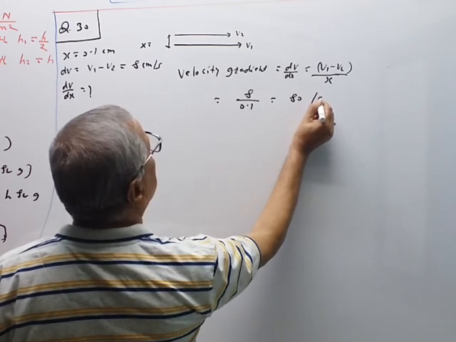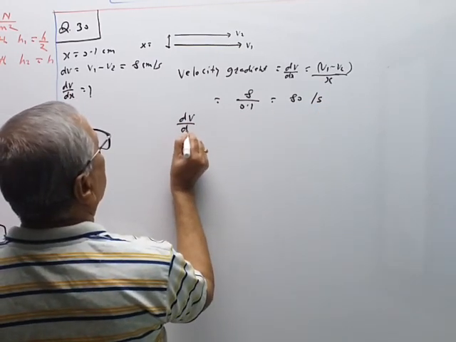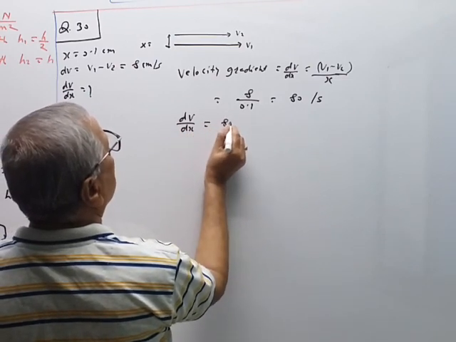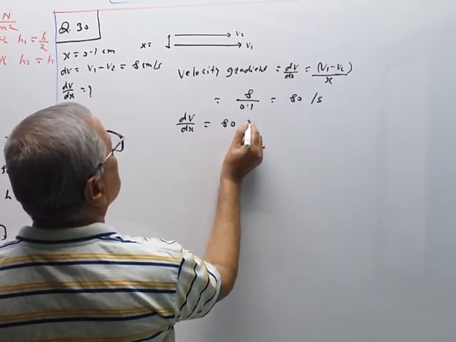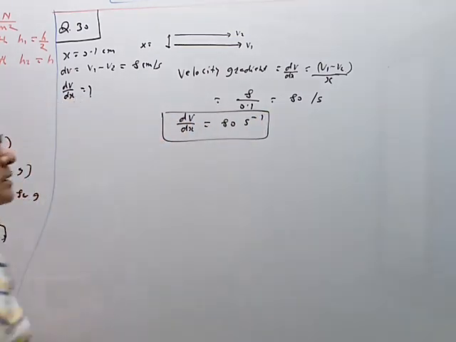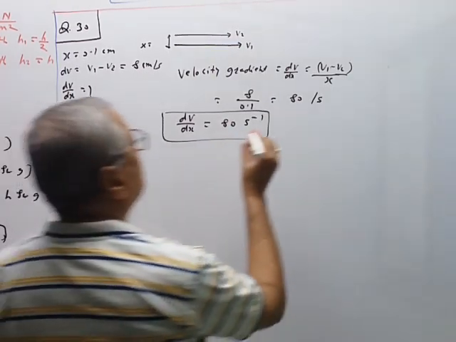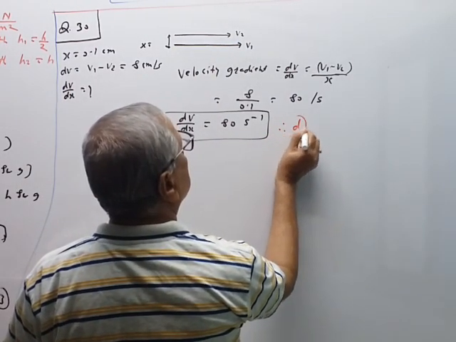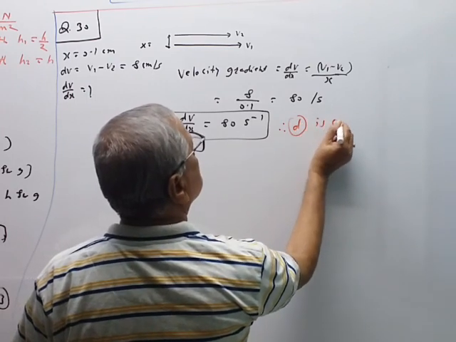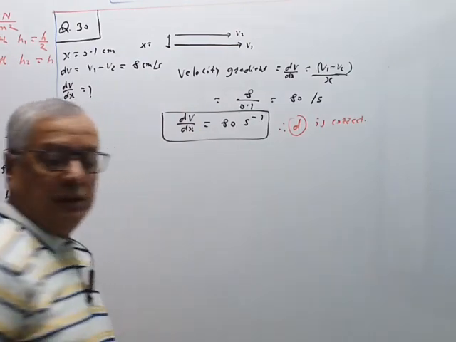The unit is per second, centimeter will get cancelled, and therefore velocity gradient dv by dx is equal to 80 second raised to minus 1. Velocity gradient has this much unit. So the correct answer is D. Therefore D is correct.